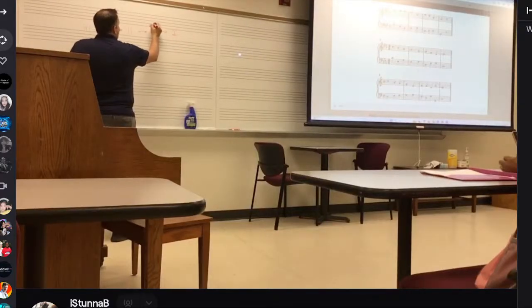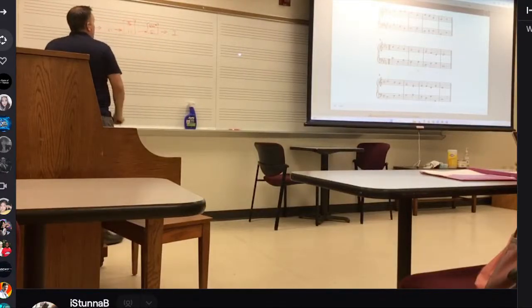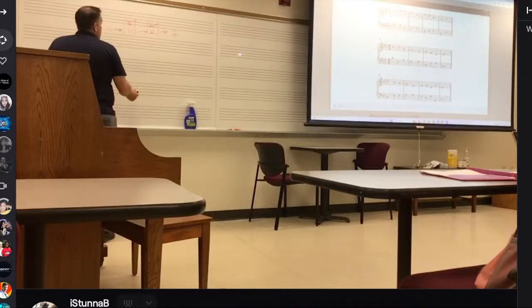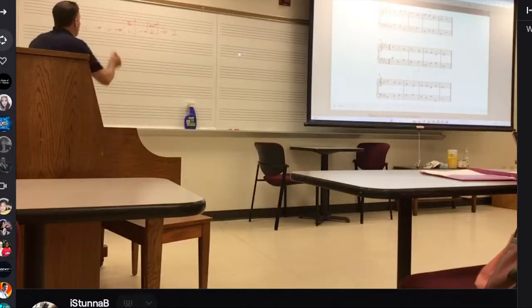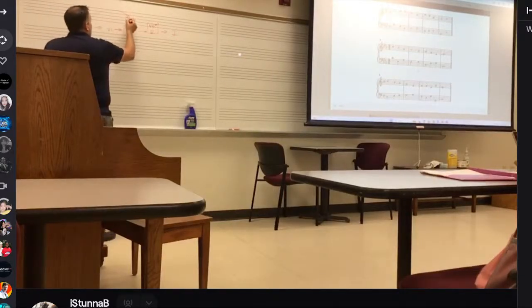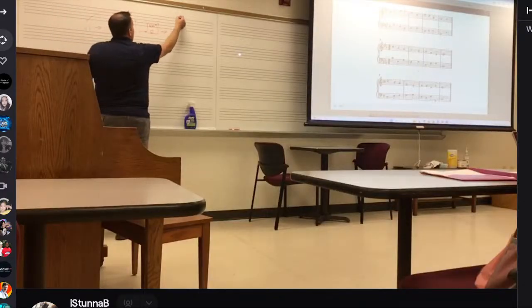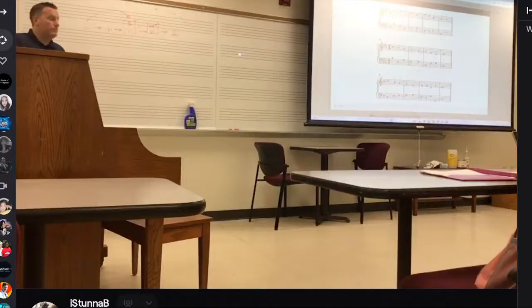And then you have to remember that 7 functions like 5, and 4 will function like 2 as a predominant. And then our exceptions. What are some of our exceptions? 3 to 4. 3 can go to 4. 1 goes anywhere. We really don't call that an exception. Should probably put that first.